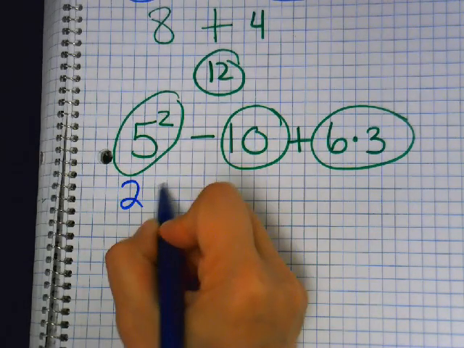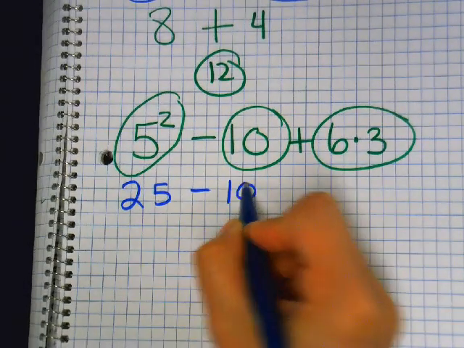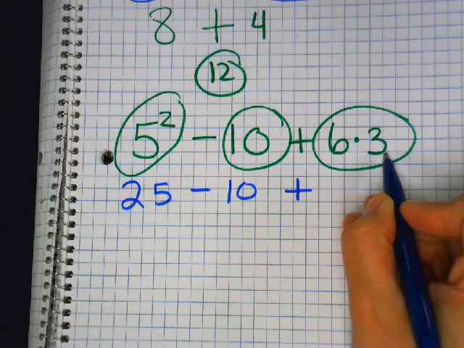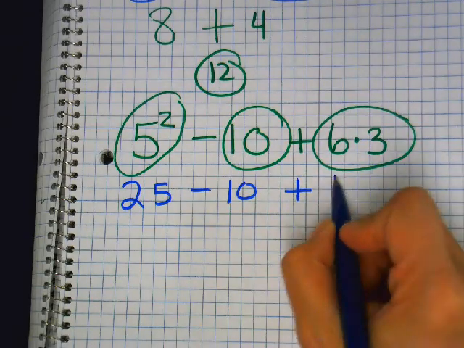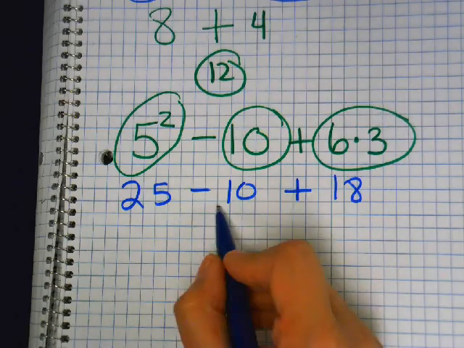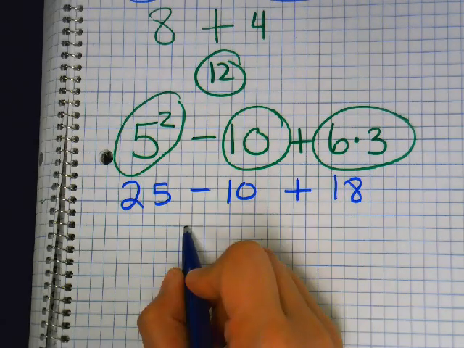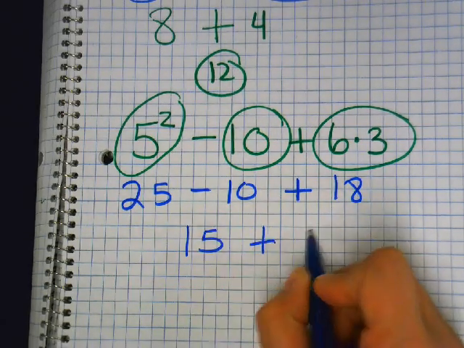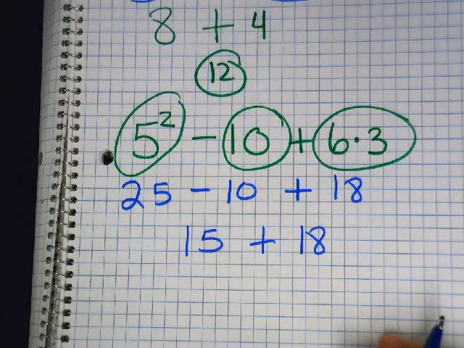Okay, 25 minus 10 plus, what's 6 times 3? 18. 25 minus 10? 15. 15 plus 18. 33.